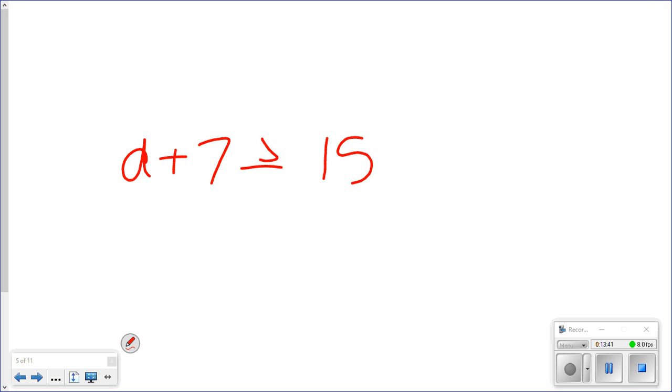Make sure you have some good examples in your notebook. Underneath there, write at least 3 numbers that D could be.